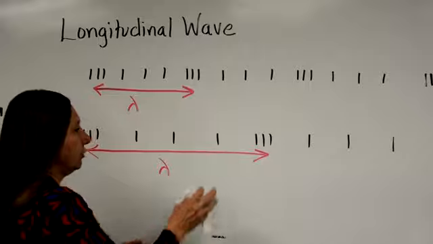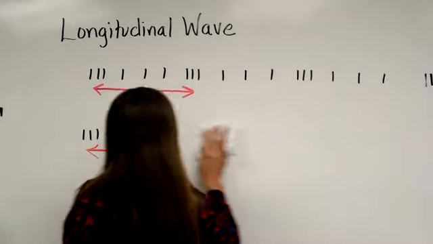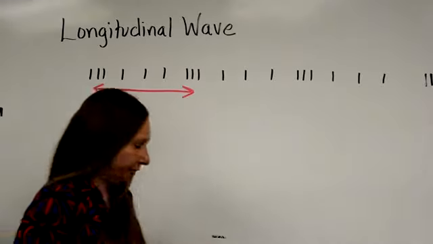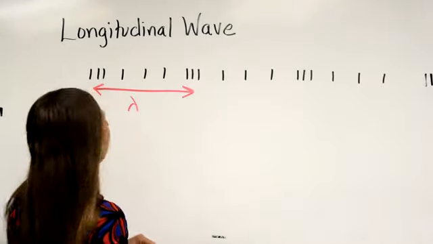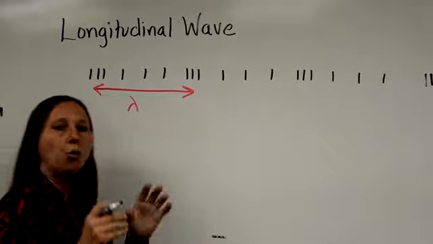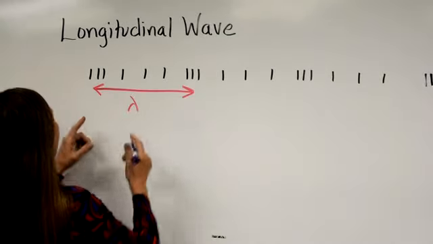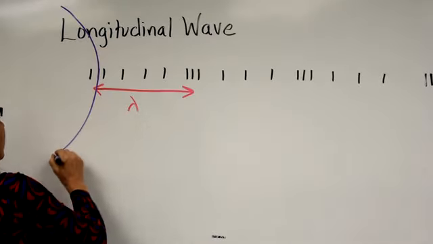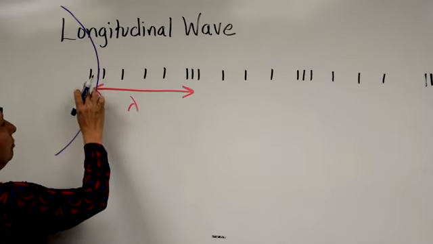It's just a pain in the neck to try to draw. An easier way to represent all waves, but it works really good for sound waves, would be to draw wave fronts. I'm going to make a line like that for each compression.